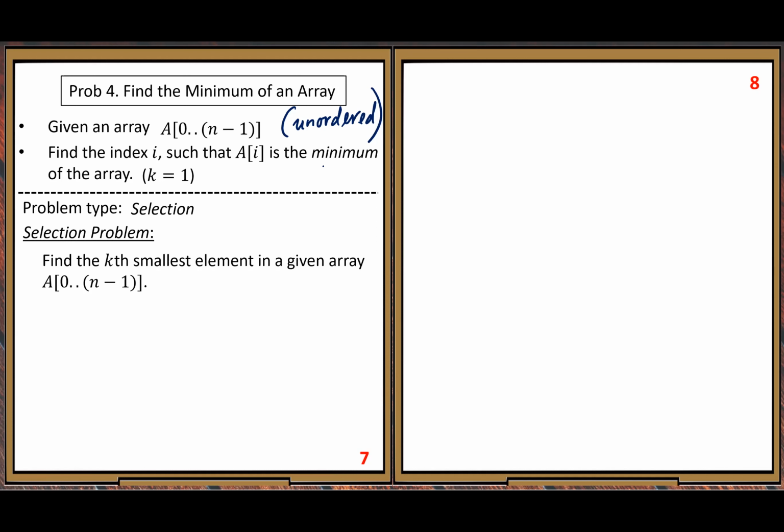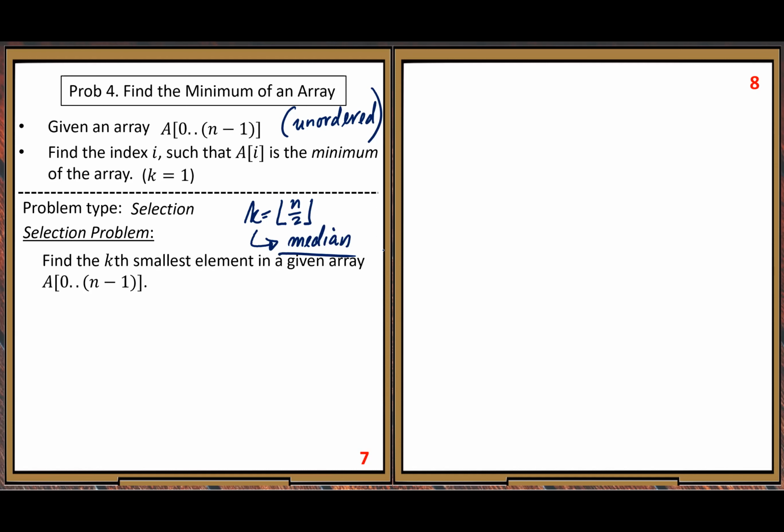But there is also a special case, very important. When k equals the floor of n over 2, you find the median.